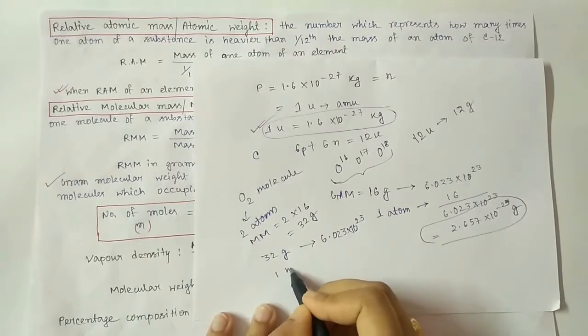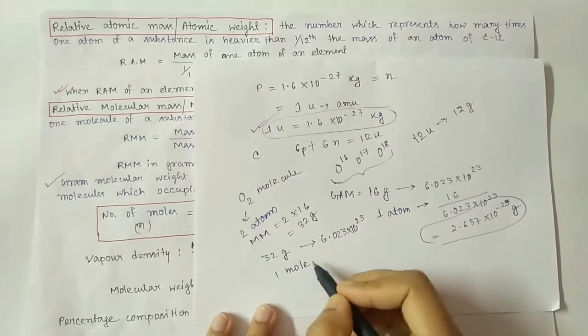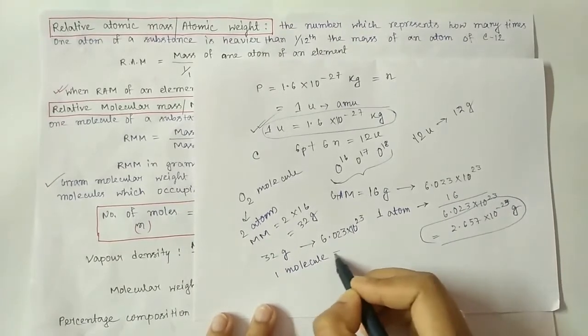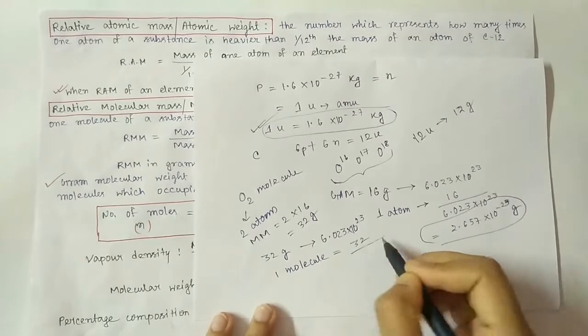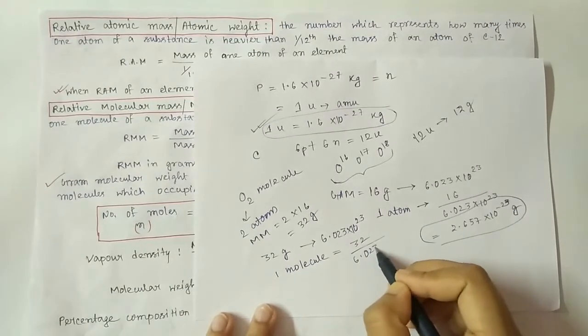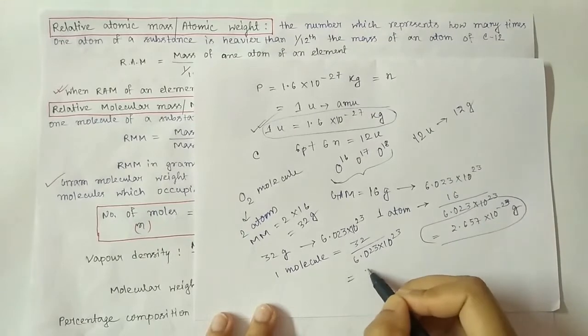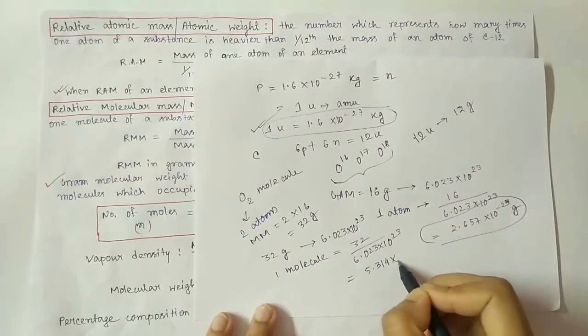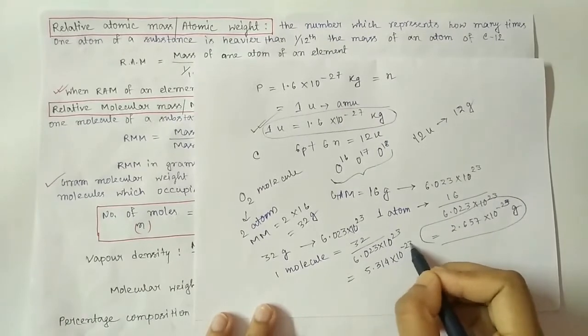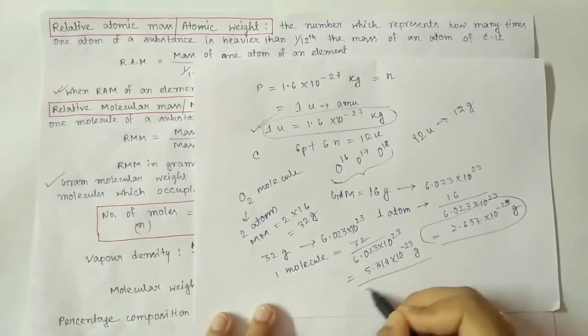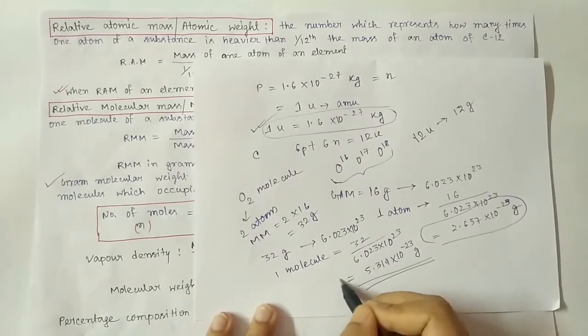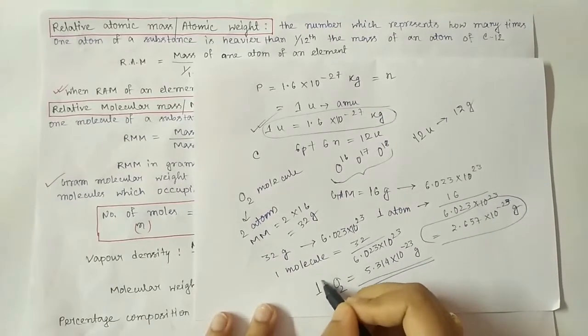So one molecule weighs 32 by 6.023 into 10 to the power 23, and thus it will be 5.314 into 10 to the power minus 23 gram. So this is the mass of one molecule of oxygen.